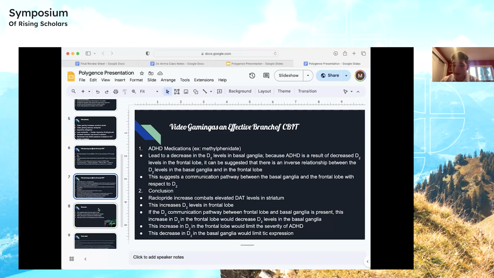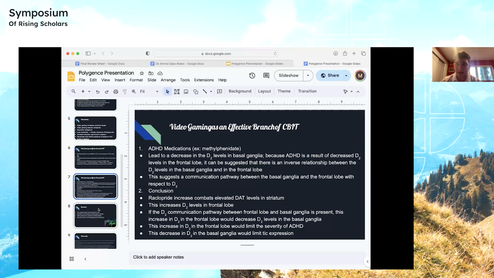So there may be a passage of communication with respect to D2 between the frontal lobe and the basal ganglia that could lead to video gaming as an effective form of CBIT.